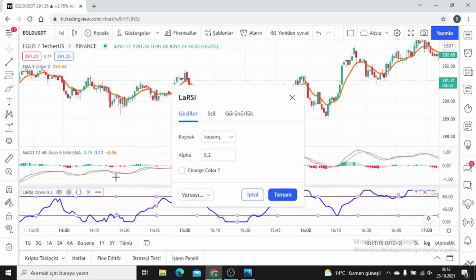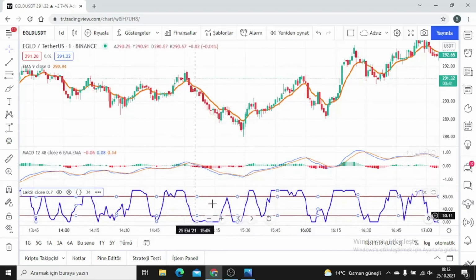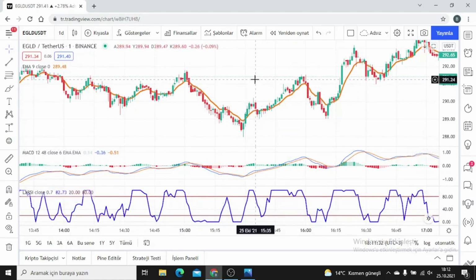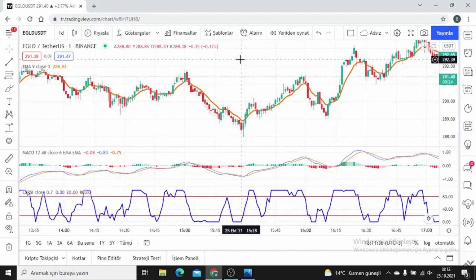I am also changing the input settings of this, but we are changing only one setting of it. We change the input setting here and set it to 0.7 as you can see. And we've seen reference intervals change. It is better when I change the settings, friends. Likewise, when I change the MACD settings, it gets better.